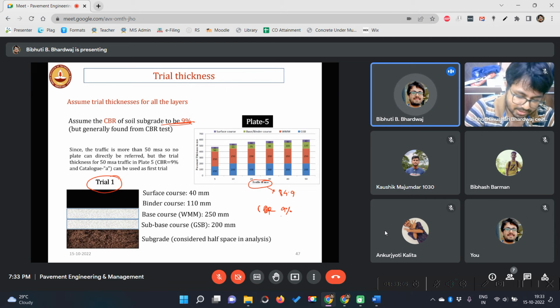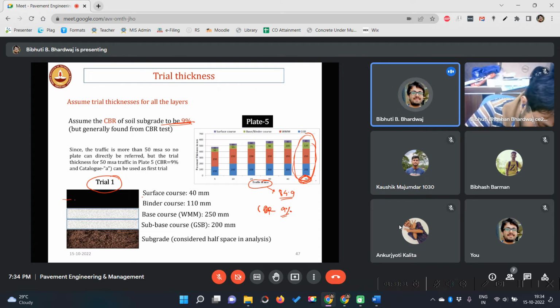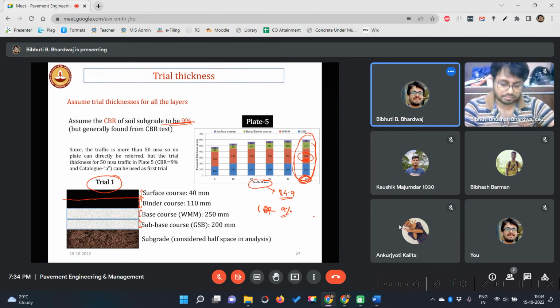So CBR is 9% and traffic is 84. If traffic is more than 50, there is no range. That means the minimum thickness you can take is for 50, and it will of course be more than that. So let's start with this thickness only. 40 is my surface course, 110 is my binder course, 250 is my base course, and 200 is my sub-base.